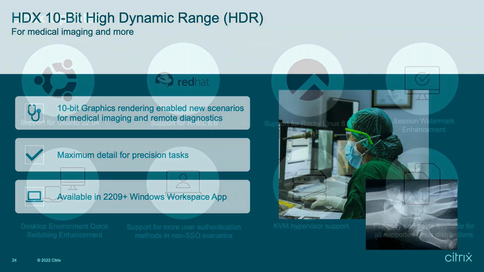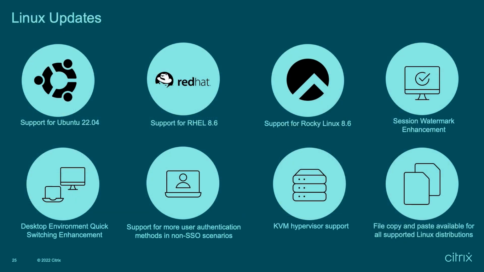And for our Linux users, we're always working to add new features and functionality to our Linux VDA for improved performance and ease of use. So let's take a look at some of the things that we've done over the past few months to enhance our Linux offering. First and foremost, we're offering support for Ubuntu 22.04, RHEL 8.6, and Rocky Linux 8.6 upon their rollouts.